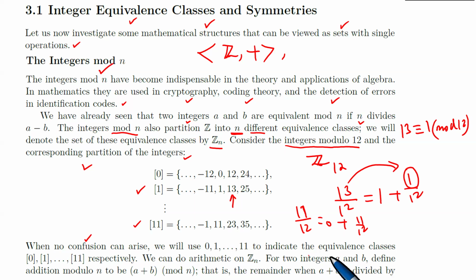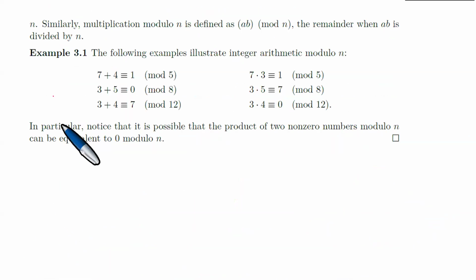For two integers a and b, we define addition modulo n to be a plus b modulo n. That is the remainder when a plus b is divided by n.